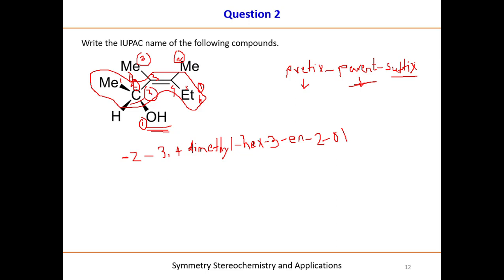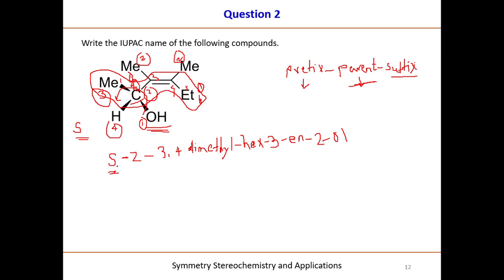So the second will be given to the whole chain, the third numbering will be given to this methyl group, and fourth will be given to this hydrogen. Correct? Now what's the rotation here? 1, 2, 3. So this is anti-clockwise or counterclockwise. So S is present. So the S absolute configuration will be given to the molecule.